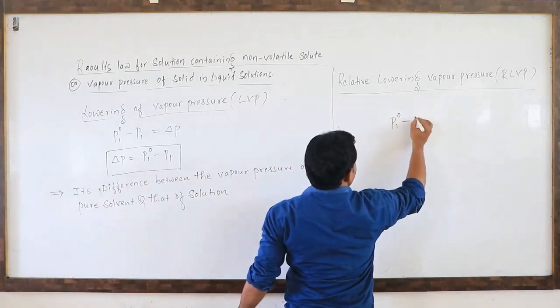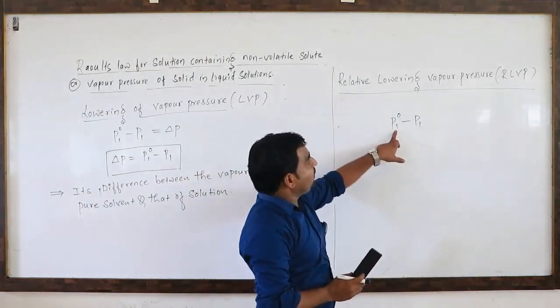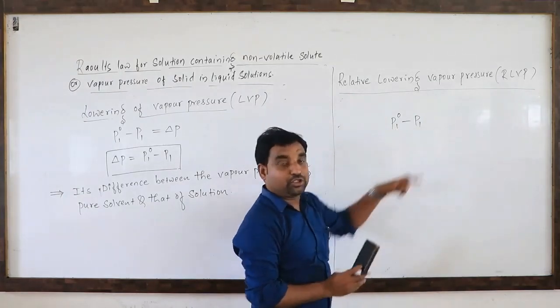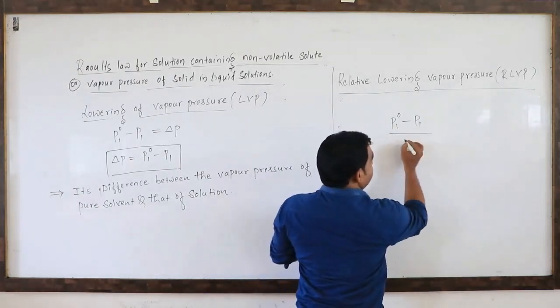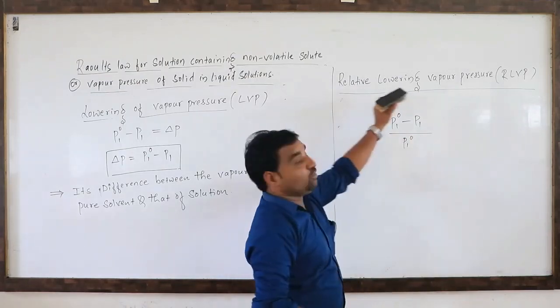This is called the relative lowering of vapor pressure.